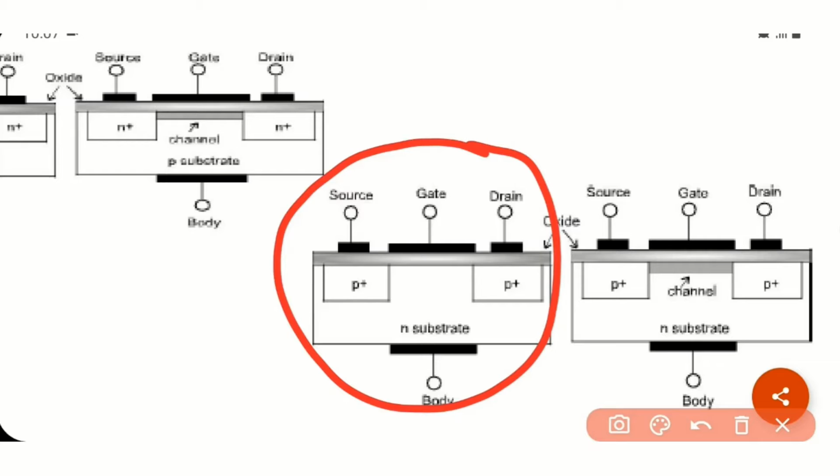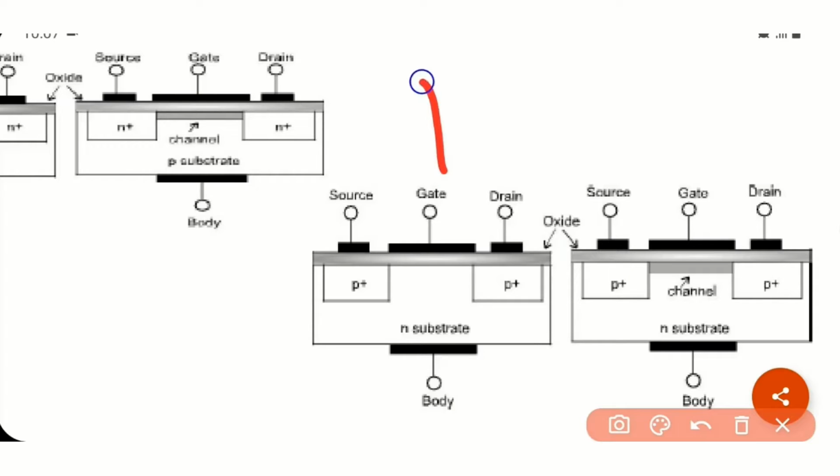With the application of negative voltage of suitable magnitude between the gate and source will give rise to the formation of P-type channel between the source and drain. Here a channel will be formed and current may then flow if drain is made negative with respect to source. Now you have to keep in mind that in this case the current is carried by holes.